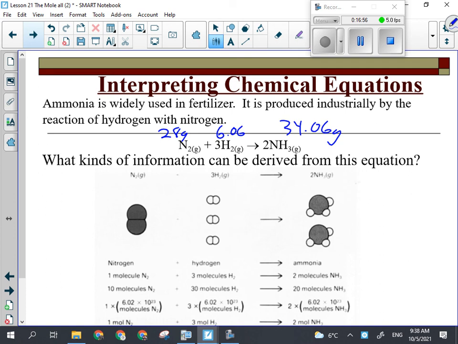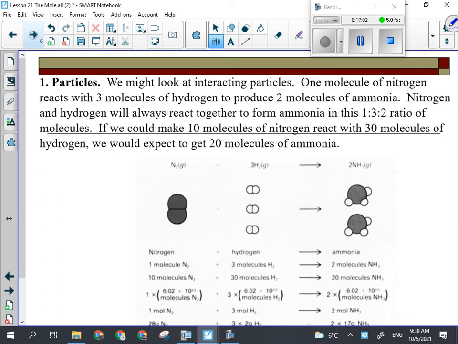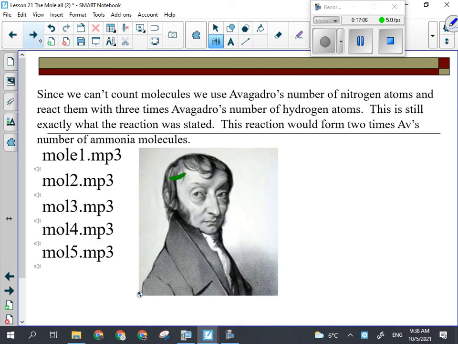It's basically ratios. It's 1 mole to 3 moles makes 2 moles, and so on. So that's what we just went over. We could look at it as particles. That's Avogadro. Kind of looks like a mole.